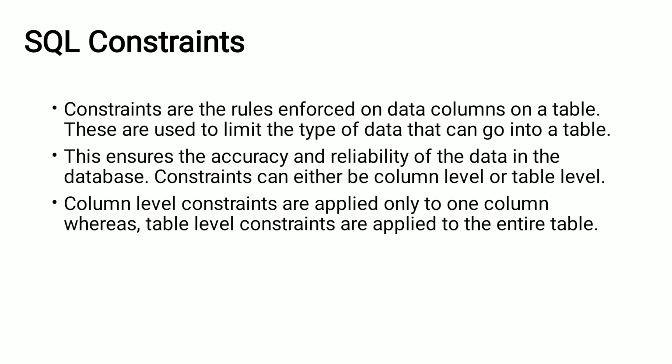This ensures the accuracy and reliability of the data in the database. Constraints can either be column level or table level constraints. Column level constraints are applied only to one column, whereas table level constraints are applied to the entire table. Clear? There are two types of constraints, either column level or table level.